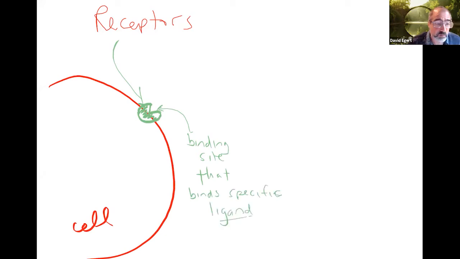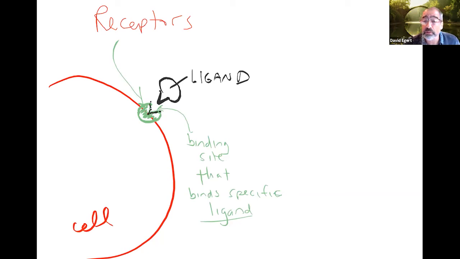Again, we've used that word before, ligand meaning a signaling molecule. The classic analogy people use is the lock and the key. So I have some ligand that perfectly complements the binding site of the receptor.